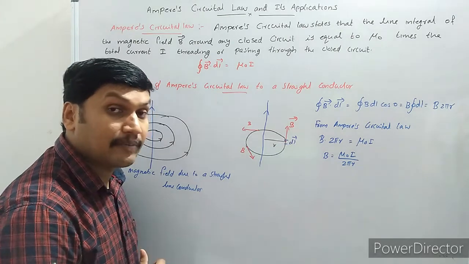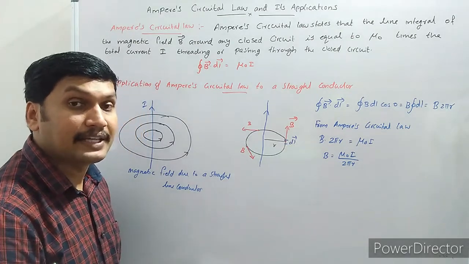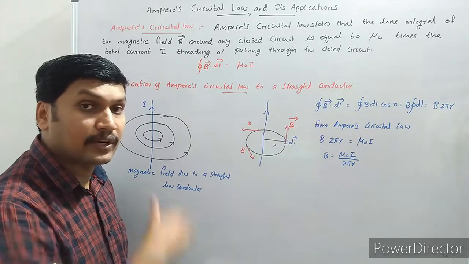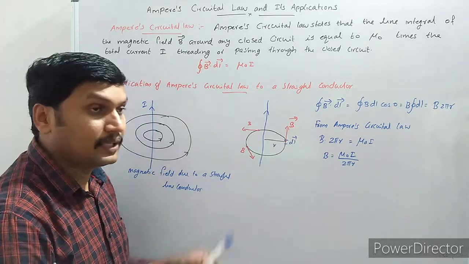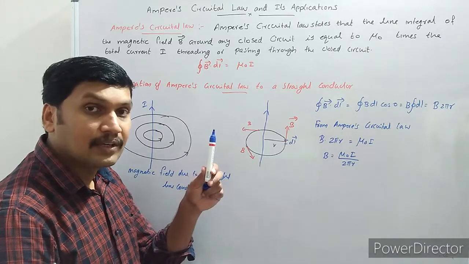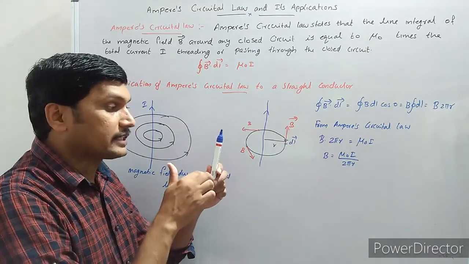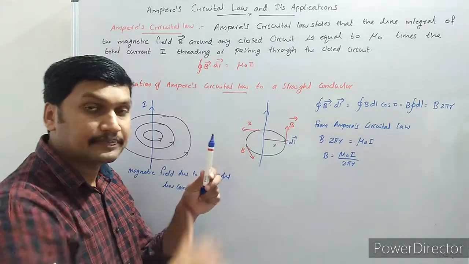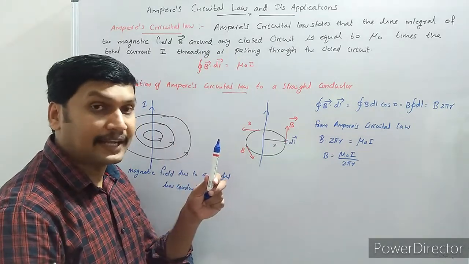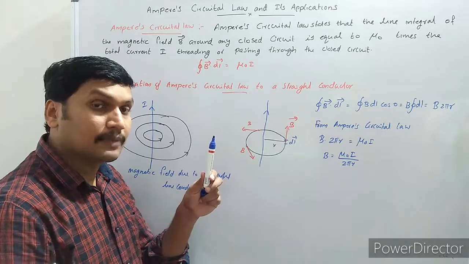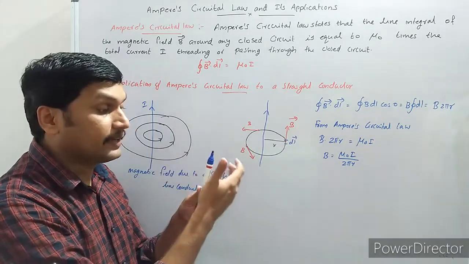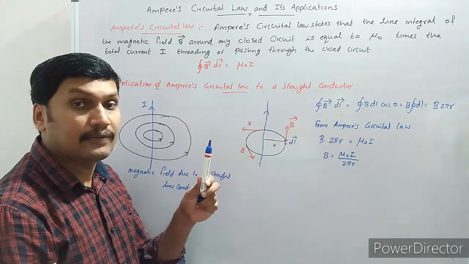The direction of the magnetic field can be predicted by the right hand thumb rule. How do we apply the right hand thumb rule for a straight line conductor? Suppose the current is passing through this conductor in the upward direction. Suppose you are holding this conductor with your right hand in such a way that the thumb points in the direction of the current.